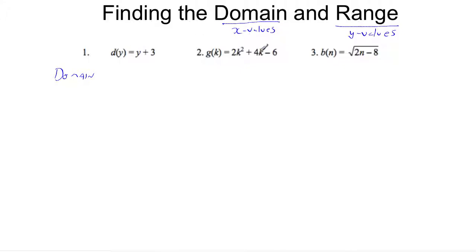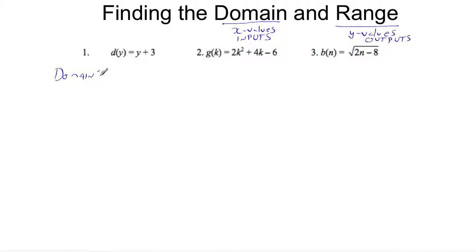For number 2, the x's are k's, and for 3, the x's are n's. So the x values mean the inputs, and the y values mean the outputs.